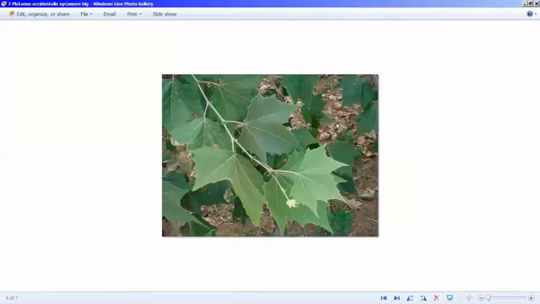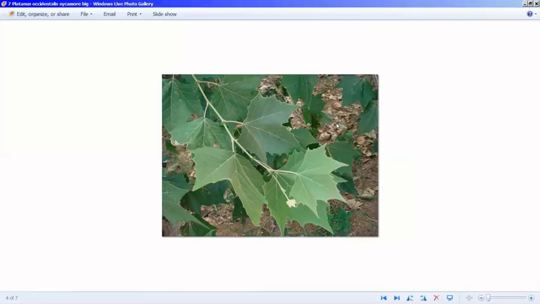Now that we're done with the ash lookalikes, we'll look at one maple lookalike. The maples, they look like this, but this is not a maple. This is a sycamore, Platanus occidentalis. One of the major distinguishing features of a sycamore is that they're huge.